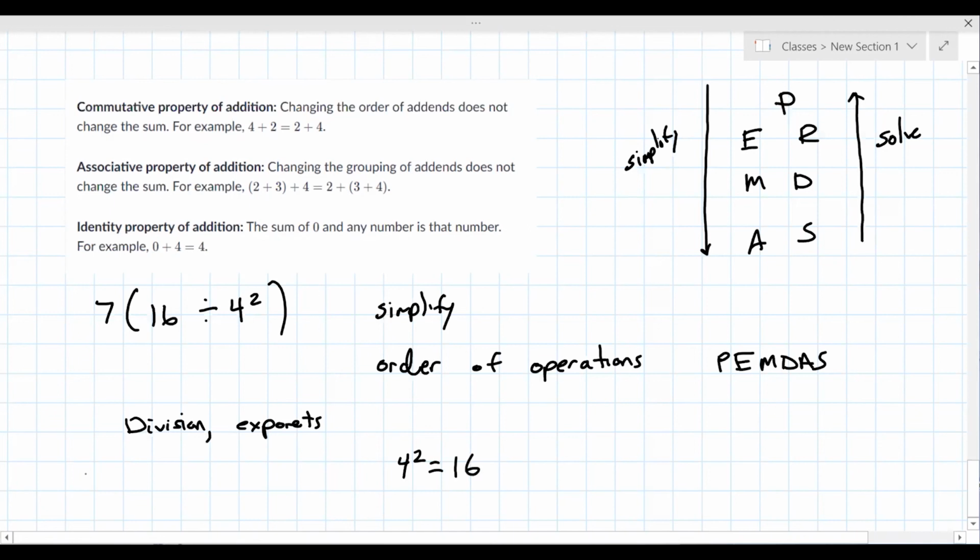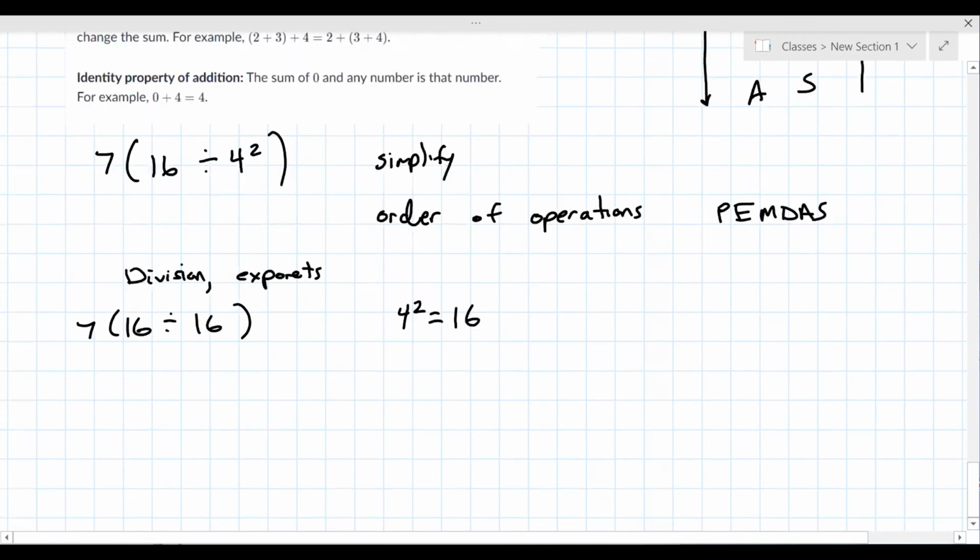So we evaluate this, meaning we replace 4 squared with 16. We continue to look inside parentheses, and we only see division now. We chose exponents; now we're going to do division. 16 divided by 16 equals 1. So we replace that inside there with 1.